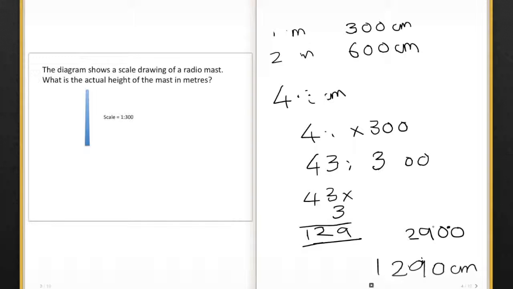Now the question asks us to give that answer in metres. So we're going to go from centimetres to metres. So we're going from high to low. So we're going to divide by 100. 1, 2, which will give me 12.9 metres.